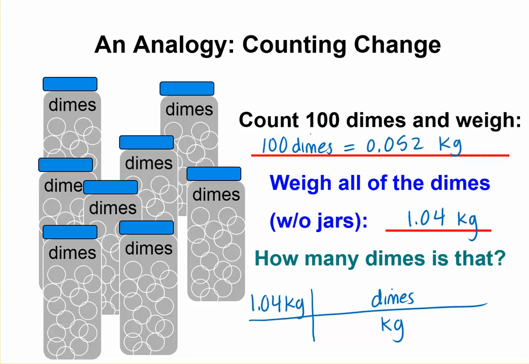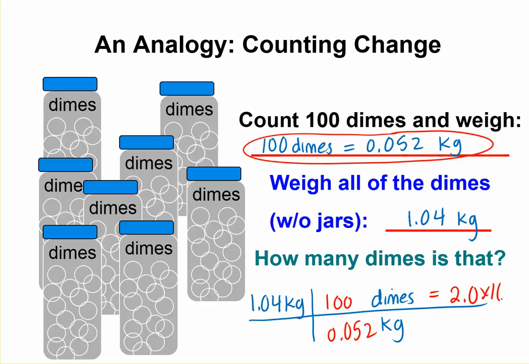And then my conversion factor is this. So for every 100 dimes, I know it's 0.052 kilograms. And so then we could figure out, and I'm going to watch my sig figs here, how many dimes.